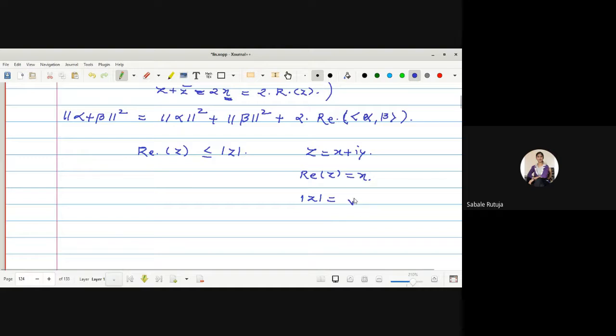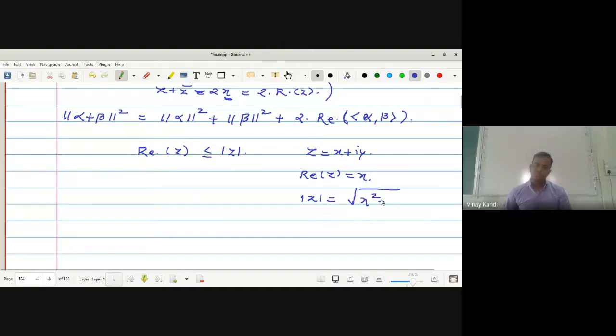Square root of x square plus y square. Even if I take y as 0, the imaginary part, what is the smallest I can take? 0. If suppose y is equal to 0, then mod z is equal to x. So here the real part of z is equal to mod z if y is equal to 0.